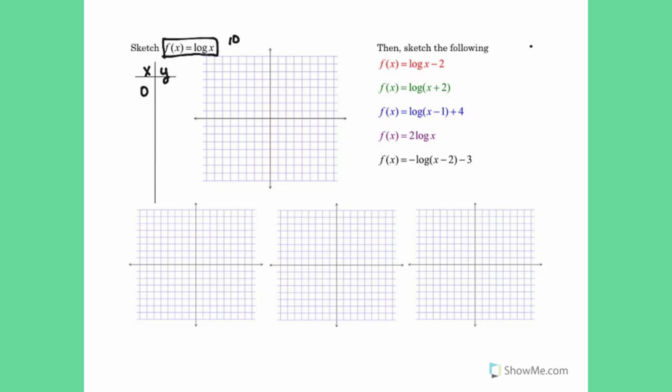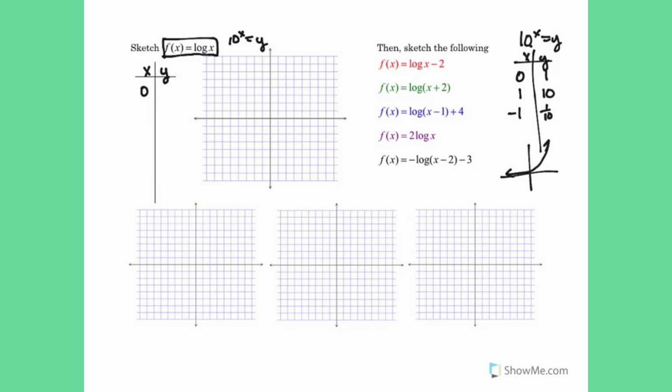Remember, if we were to graph 10 to the x is equal to y, our exponential graph, when x is 0, then y is 1, when x is 1, y is 10, negative 1, 1/10, and remember that graph looks like this.